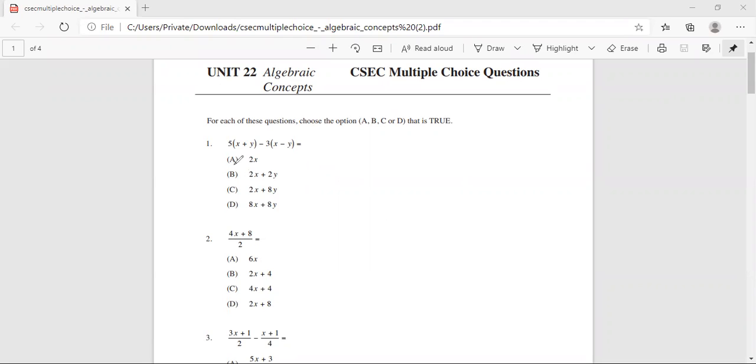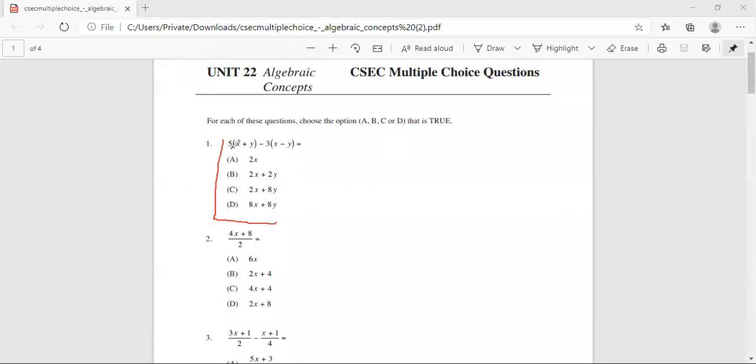Number 1. What would be your answer there? Let's work it out. So what is the first thing we need to do? Multiply all the brackets. Right? Multiply the brackets. Yes, sir. Good.